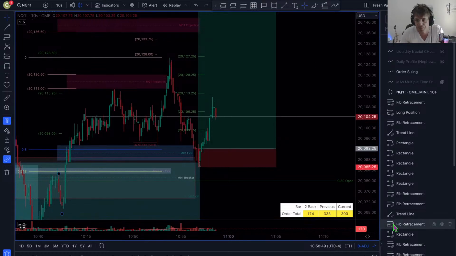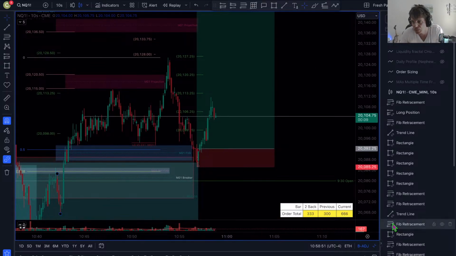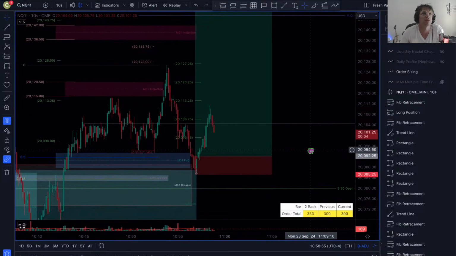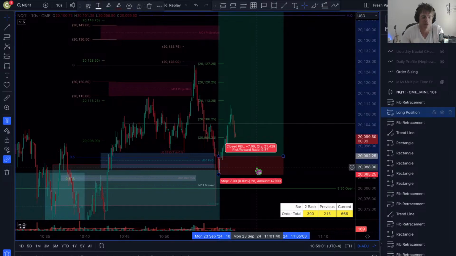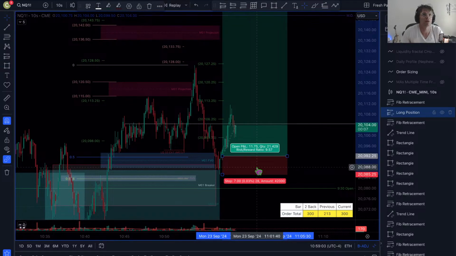Yeah. That's pretty much a break-even trade here, no matter what. But hopefully it goes further. I got it in that sweep into the M5 order block.